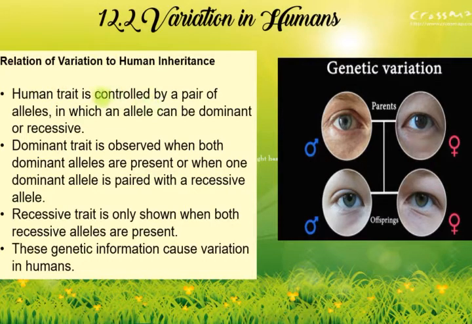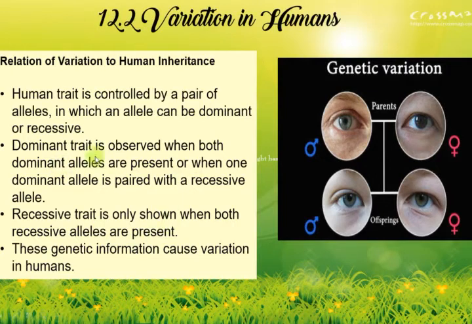Human traits are controlled by a pair of alleles, in which an allele can be dominant or recessive. The dominant trait is observed when both dominant alleles are present, or when one dominant allele is paired with a recessive allele. The dominant trait is controlled by the dominant allele present in the genotype, whether homozygous or heterozygous.